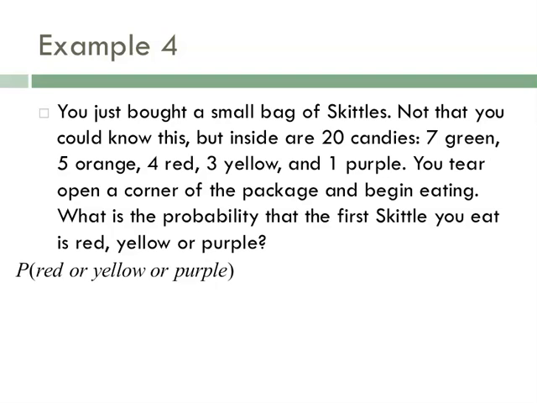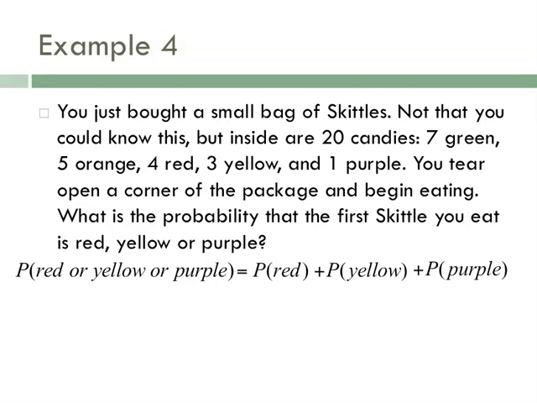Is it possible for a Skittle to be both red and yellow, or both yellow and purple? Well, no. So it's going to be just either red, or just yellow, or just purple, or it's going to be another color, right? So those events are all mutually exclusive, which means we can just simply add the probabilities together. We don't have to worry about subtracting any overlap.